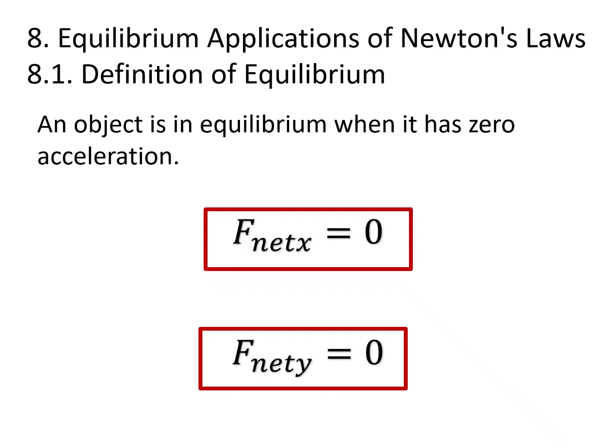In symbols, we write the sum of the forces in the x direction equals 0 and the sum of the forces in the y direction equals 0. These two equations are the foundation of the traffic light example. The horizontal force components must balance each other, and the vertical force components must balance the weight. Let us now apply these equilibrium conditions to a real two-dimensional force problem.